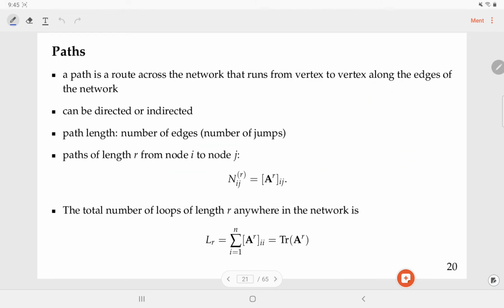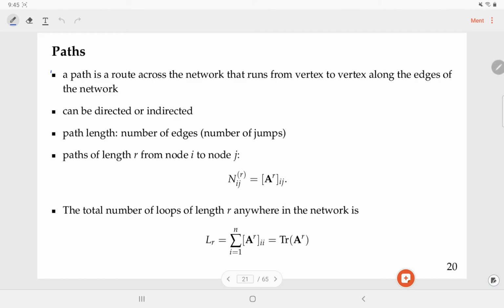Okay, so the next topic is paths. Now, a path, as we introduced it last week, is a route across the network that runs from vertex to vertex along edges of the network. This was explained in the previous lecture.